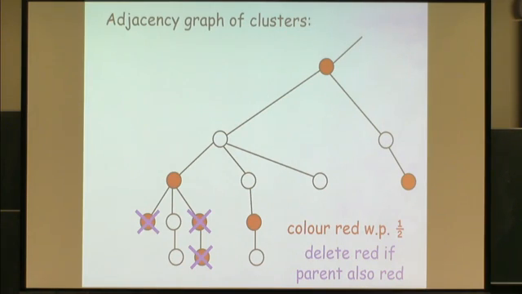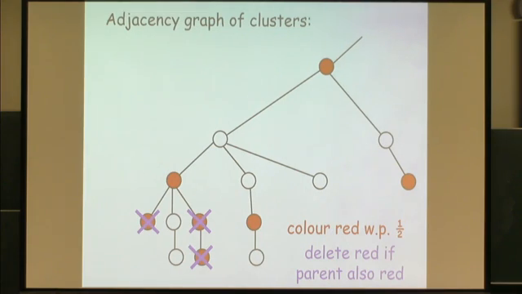This gives you a collection of red vertices, no two of which are adjacent, and it has some good properties because if you're working on the tree, and I start at any vertex and go upwards until I meet the first red vertex, I'm not going to have to go very far. It has exponential tails pretty clearly. I just wait until I find something where the coin came up heads and the parent came up tails. So that seems good news.